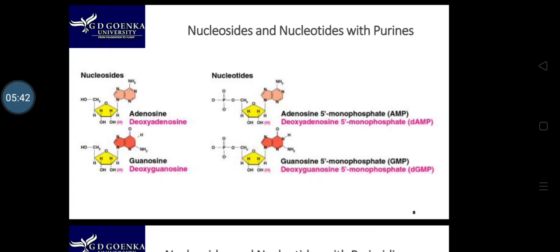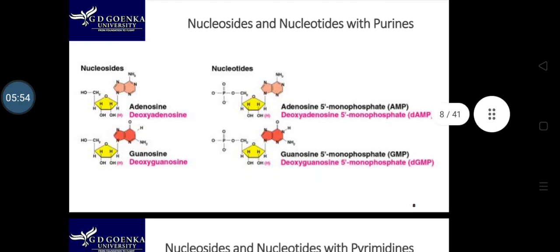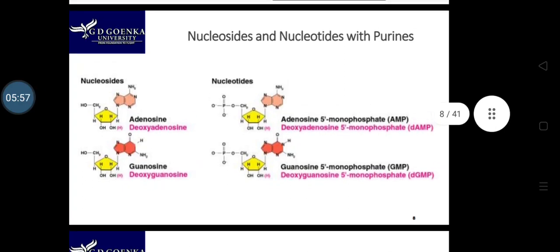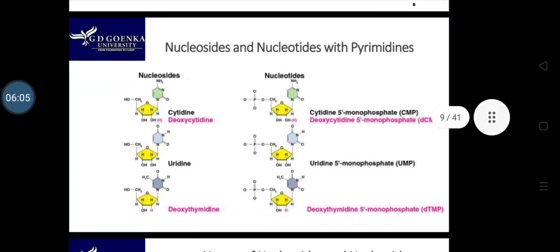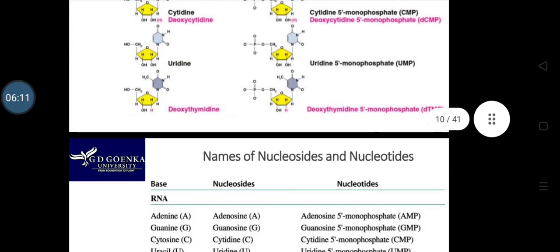So simply, the difference is that nucleosides have only two basic components, sugar and nitrogenous base, whereas nucleotides contain three components: phosphate, sugar, and nitrogenous base. So these are the structures of nucleosides and nucleotides containing different nitrogenous bases.